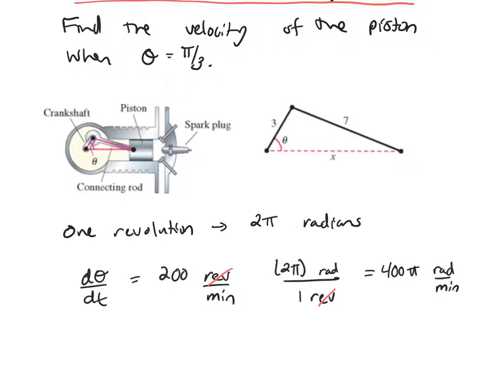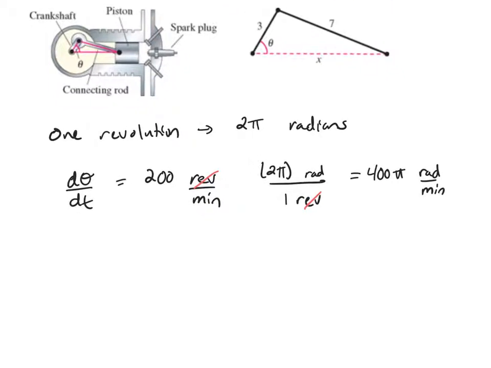So that is my given rate. d theta dt is constant, so it's always 400 pi radians per minute.